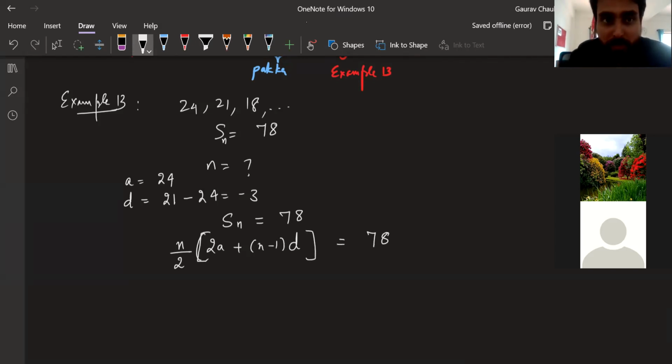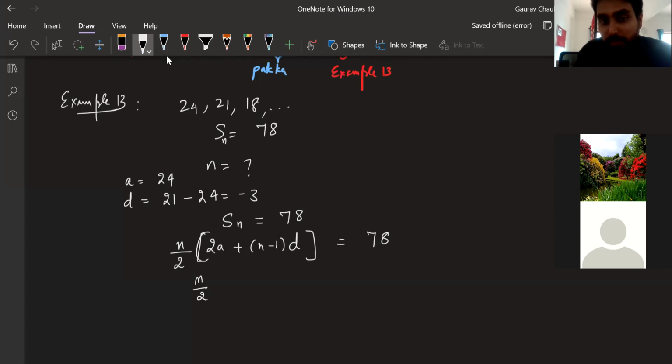We know a, we know d, and we don't know n, which is what they're asking us to find. So only n will remain, which will be one equation and one variable. Only thing, it will not be a linear equation. So I'm going to substitute all the things that I know.